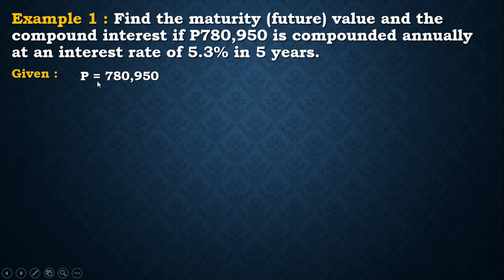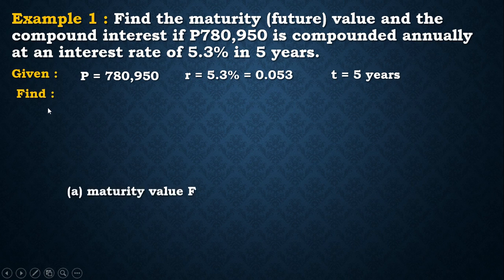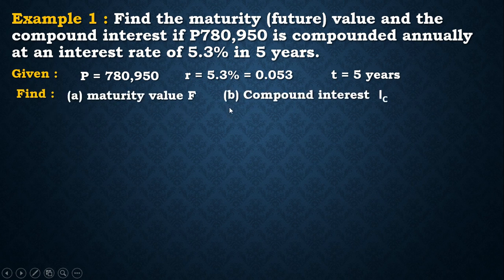P is equal to 780,950. R is equal to 5.3%. And then we have to divide this. So that is 0.053. T is for 5 years. So we have to find first the maturity value, F. And then the next is the compound interest.